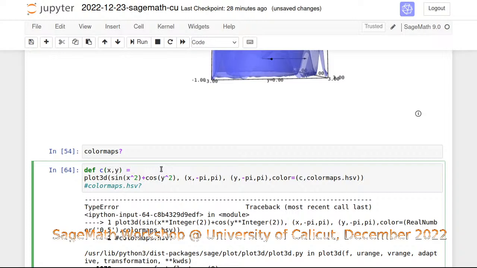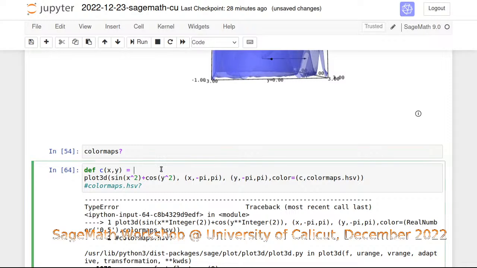So it seems that it is actually meant for creating a mapping of X and Y and color it accordingly. So for each X and Y, it's going to compute the C of X, Y, and after that the coloring will actually happen. That's what it is as per the documentation.